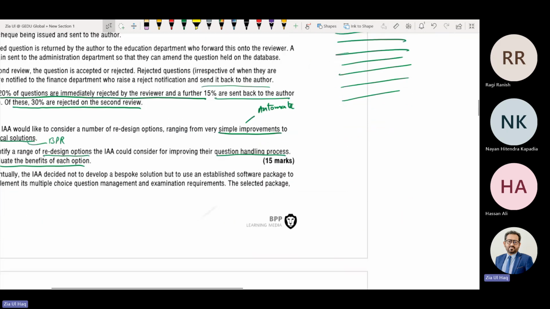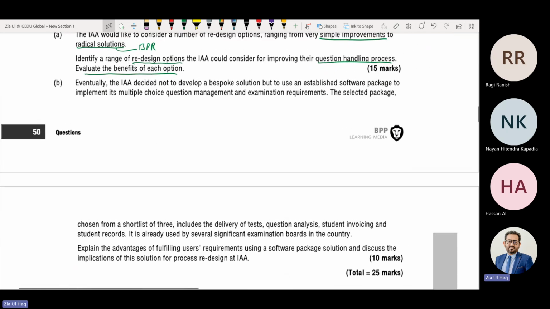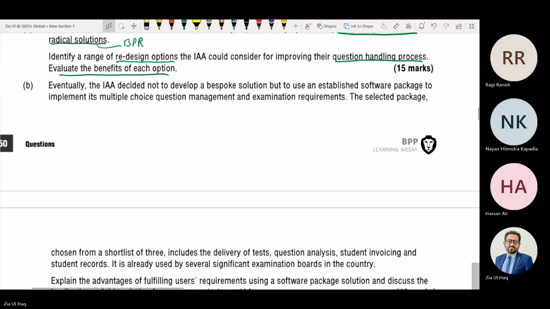So, moving towards part B of the question. Before the part B requirement, there is a small paragraph. Eventually, the IAA decided not to develop a bespoke solution, but to use an established software package to implement its multiple choice question management and examination requirement, because they need to implement quickly.